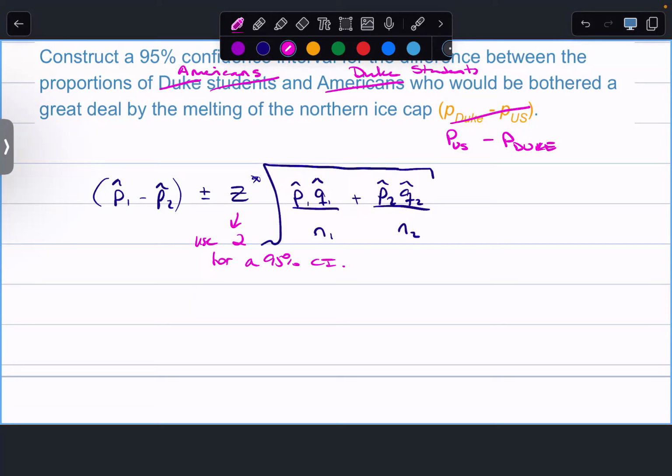Or if you're using Excel, you could find a better value. It should be z star equal to 1.96-ish. But for simplicity, we'll use 2. Okay.